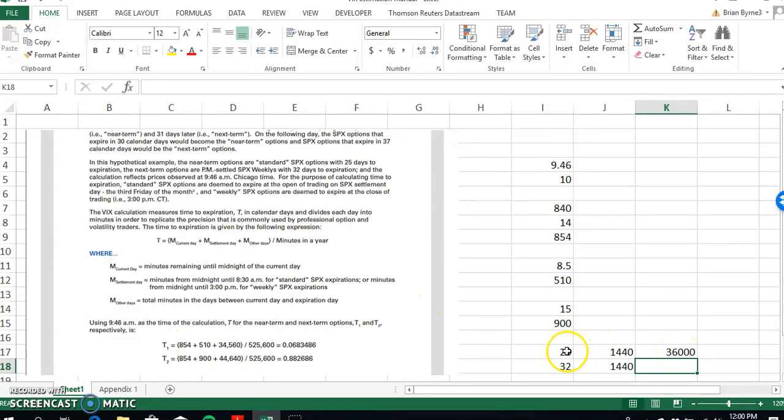So in a 25-day expiration, we have the current day and the settlement day, and we should then think in terms of full days, there are 24, and when expressed in terms of minutes in the other days, that gives us 34,560.